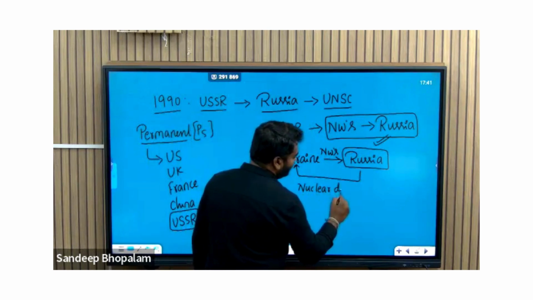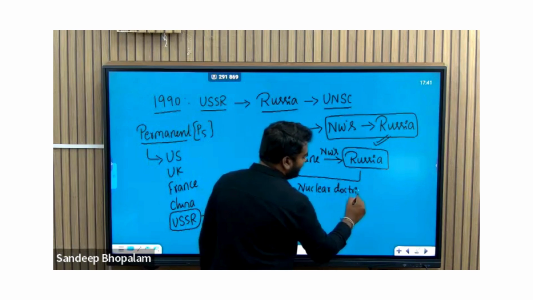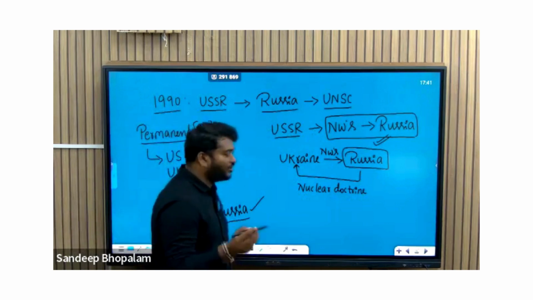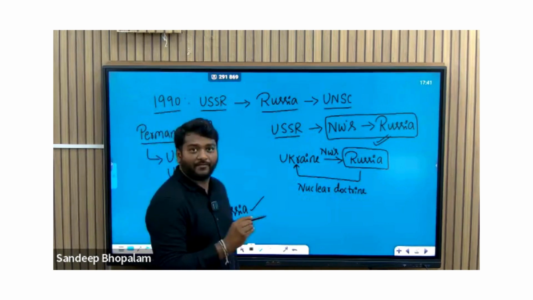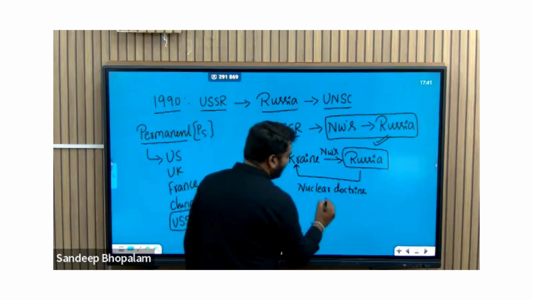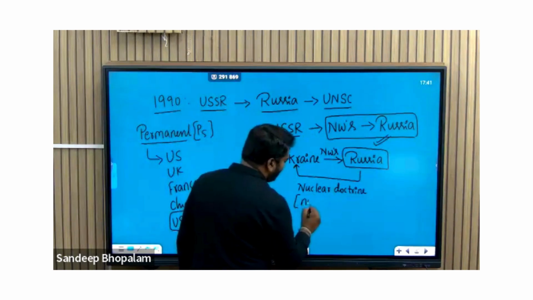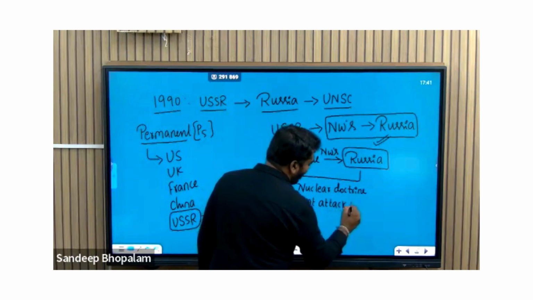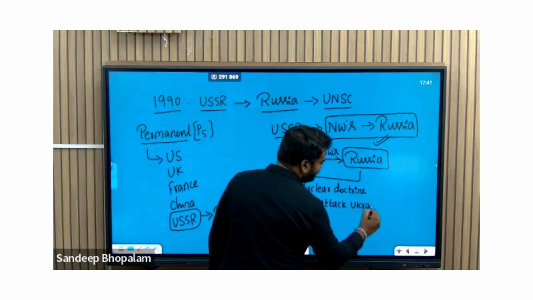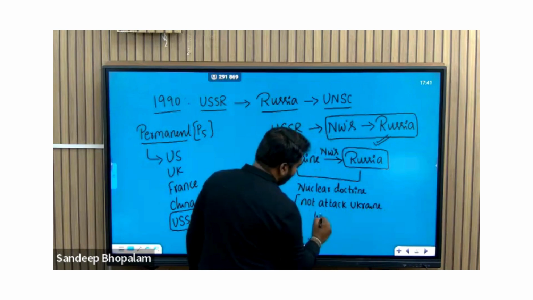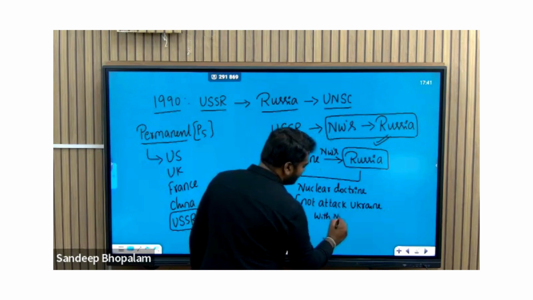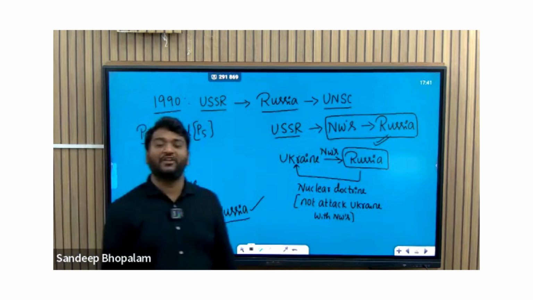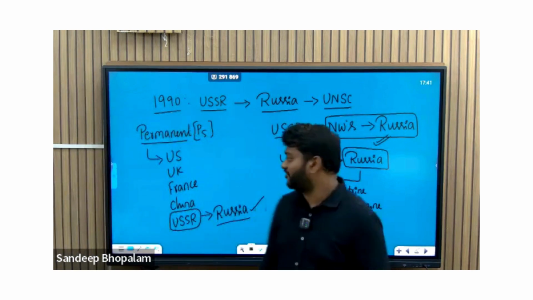In return, Russia told Ukraine, we will have a nuclear doctrine. Doctrine is like a principle. According to the nuclear doctrine of Russia, they clearly told that they will not attack Ukraine with nuclear weapons.